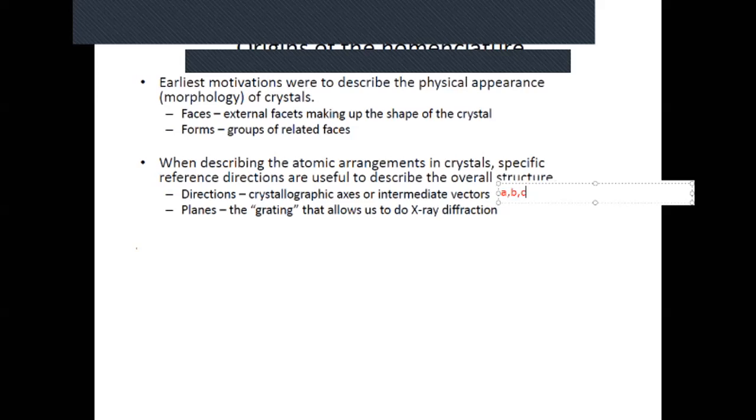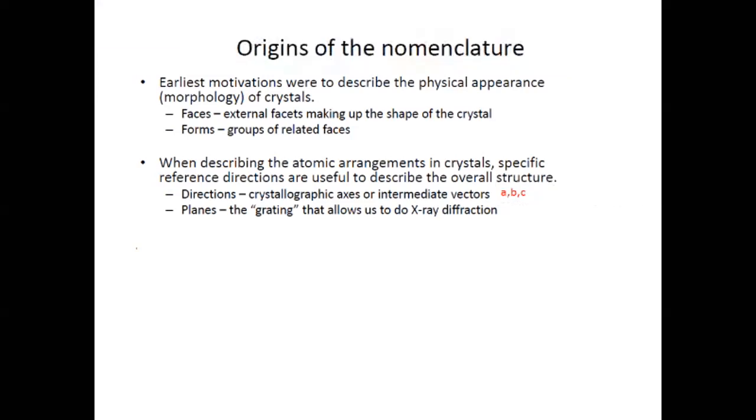And then the planes are like the grating that allows us to do X-ray diffraction. So planes are going to be along the different types of crystallographic axes. So for example, the 100, as we see, is along the A axis, because the 1 refers to the A axis, the other two the B and C axis.